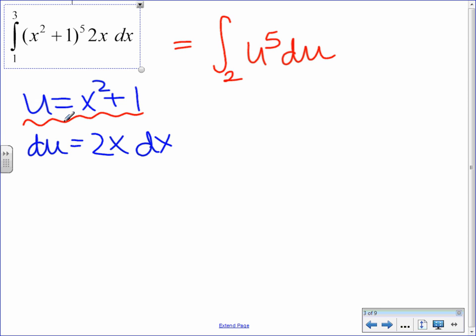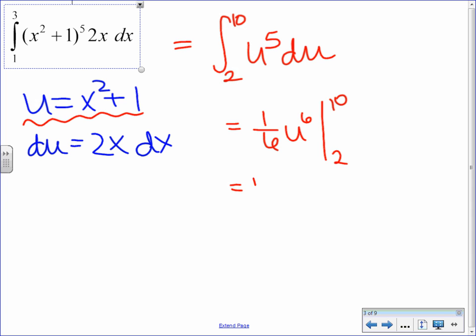If x is 3, u becomes 10. So now we have these limits of integration where, when we take the antiderivative, we don't have to change back to x because now our limits of integration are in terms of u. So I can plug into this with u.